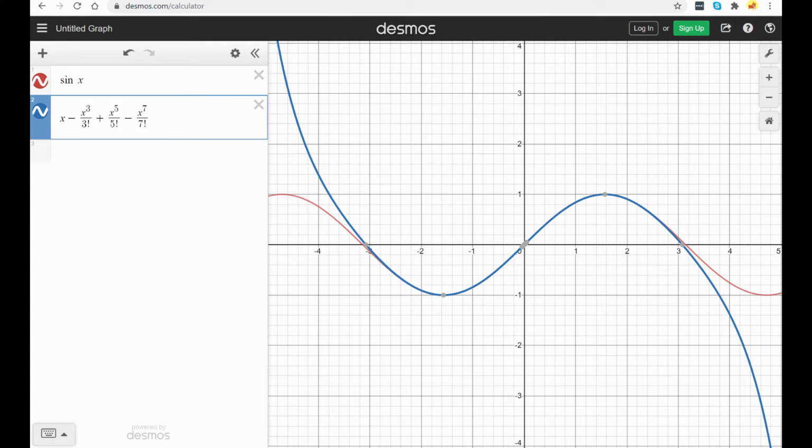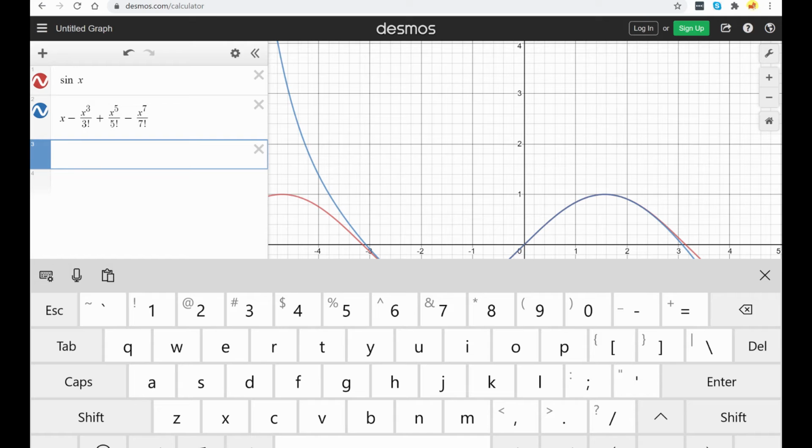Now before I end off, I know that some of the students might ask, what if I were to use a value that is out of where the blue and the red curves intersect? Let's say suppose you were to use 4 in this case, and you press in sine 4. We're going to mark that with x equals to 4.